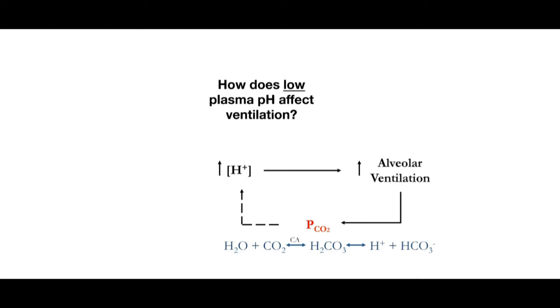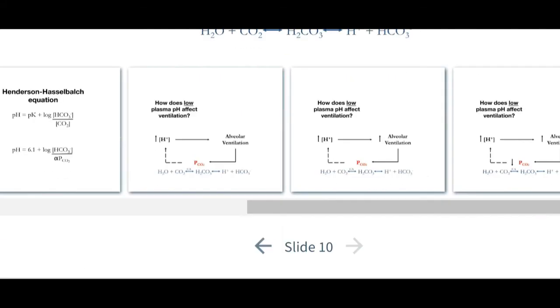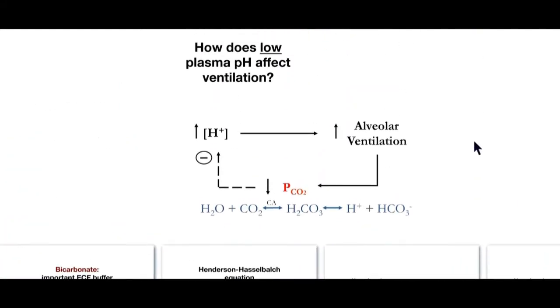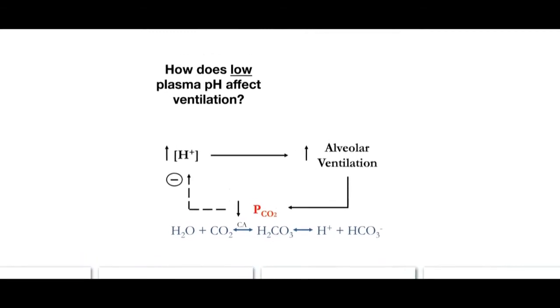So all of those elevated protons are going to stimulate mainly your medullary central chemoreceptors in order to trigger an increase in ventilation so that the partial pressure can go down. That's one way that you can reduce the overall amount of protons that's circulating around the body. Okay, it's a respiratory way to reduce the proton concentration and therefore bring the pH back up toward physiological range.